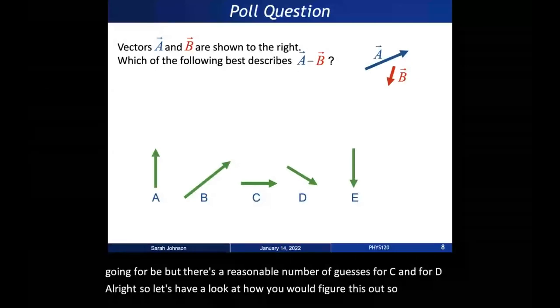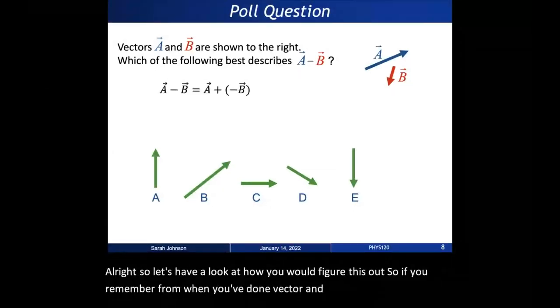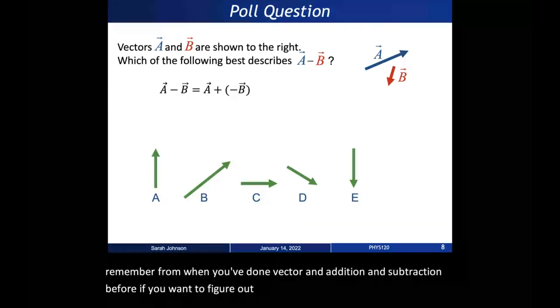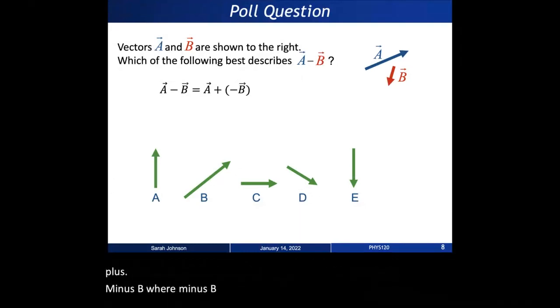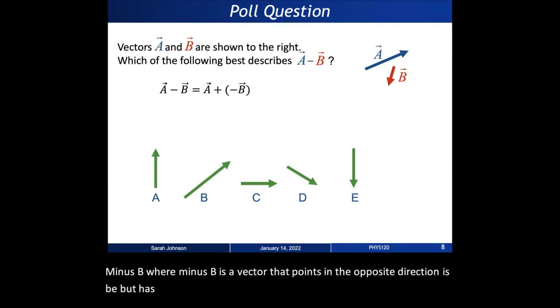All right, so let's have a look at how you would figure this out. If you remember from when you've done vector addition and subtraction before, A minus B is the same as A plus minus B, where minus B is a vector that points in the opposite direction as B but has the same magnitude. And that would look something like this.